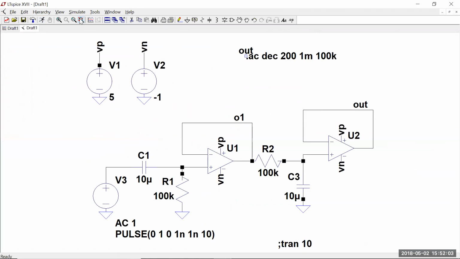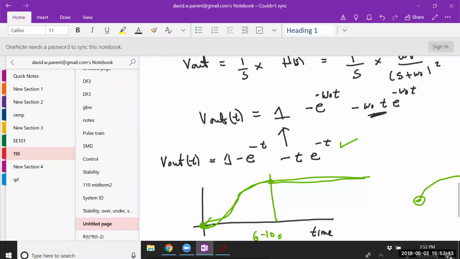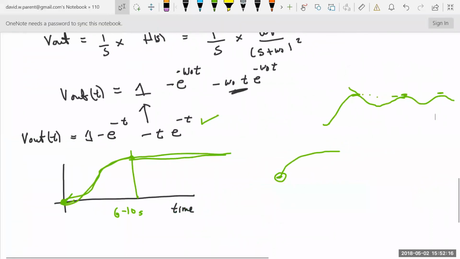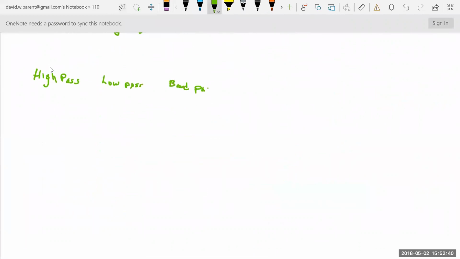So some things that I want to point out is that I showed you a high pass, showed you a low pass, and a band pass, right? Second order, critically damped, right?